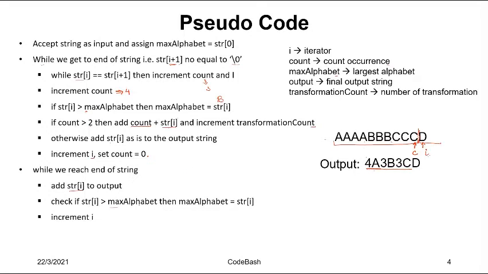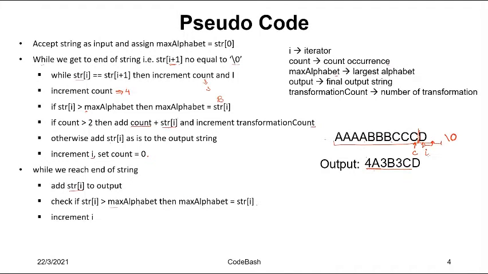So that is why we need to check this again, and if it is so, then we assign it, and after that we increment I again, so I comes over here. If we have other characters in line, we can go till the end where we encounter the slash 0.